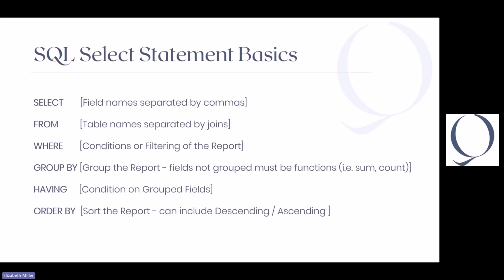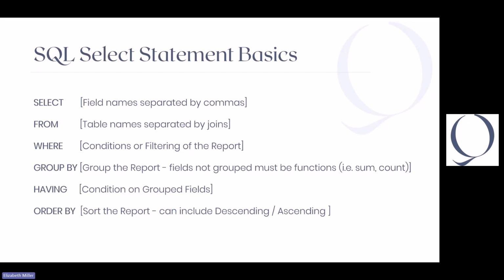The select statement area is where you're actually selecting what is going to be presented in the query itself. This is where you're putting like the columns that you want to show in the report, and you are grabbing the specific field names from the tables themselves, and these are separated by commas, and you can have as many as you want, and that's what is actually physically going to show on your query as an end result.